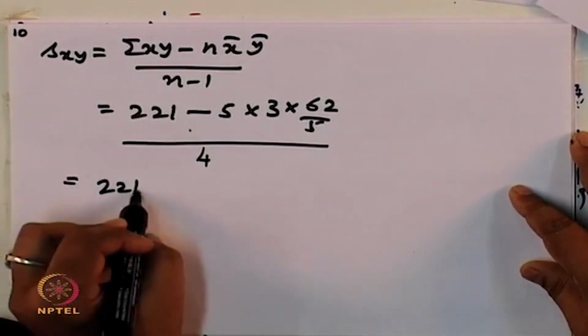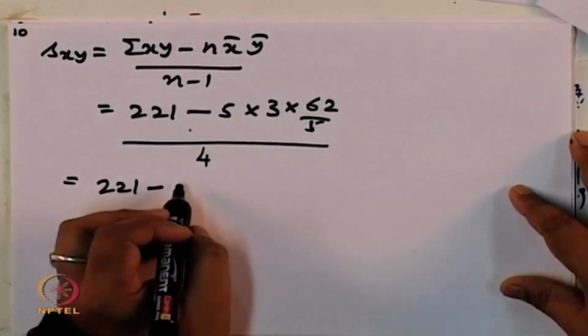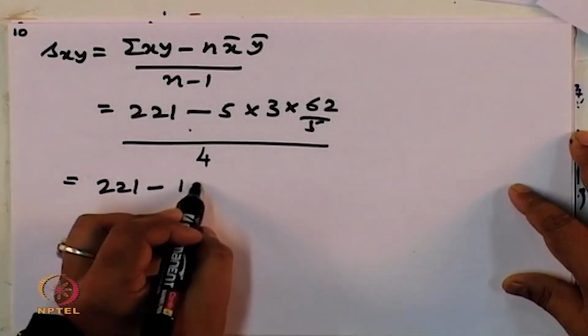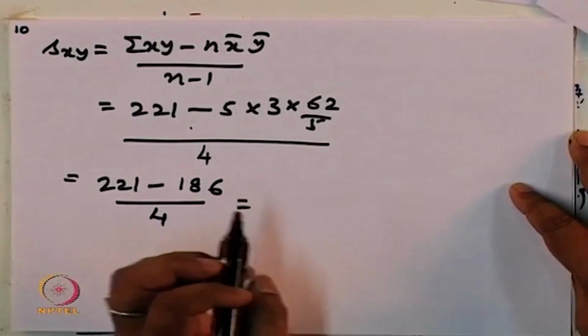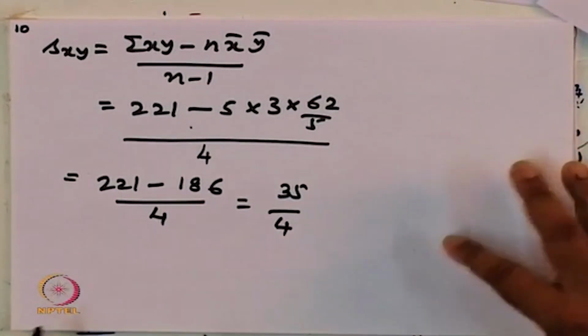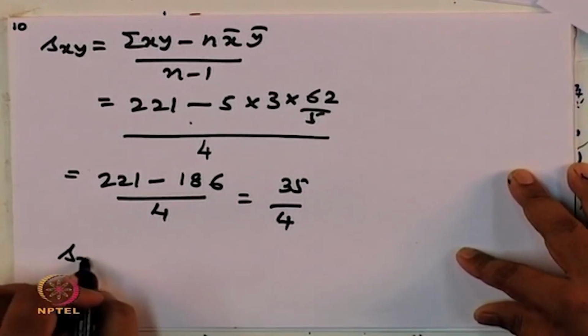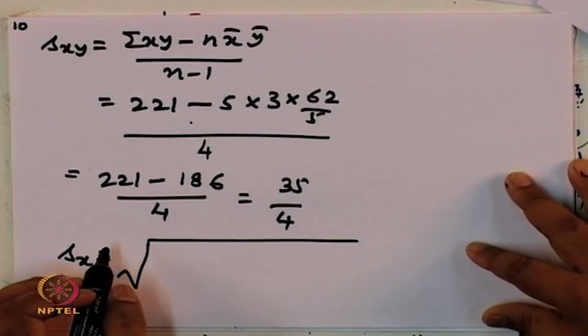That equals 221 minus 186 by 5, which is 35 by 4.